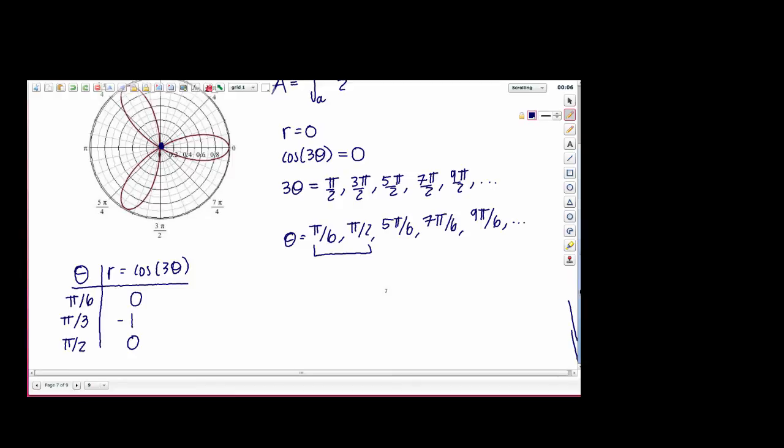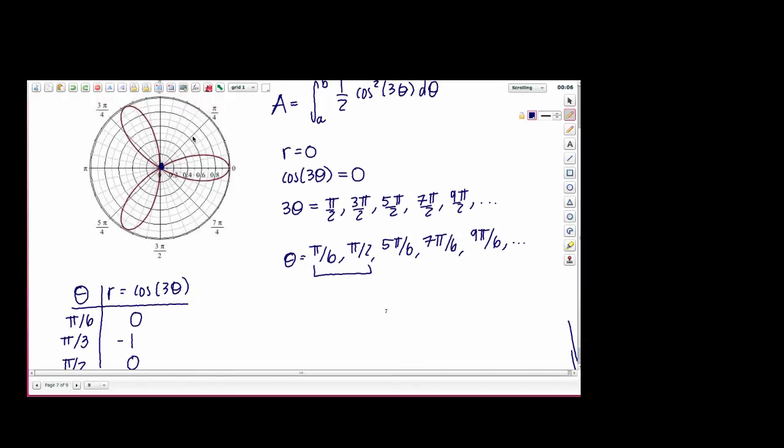So when my angle is pi over 3, my 60-degree mark, my radius is negative 1. Instead of pi over 3, 1, I'm flipping to the other side, so I get out here, which tells me that when theta is pi over 6, I'm at 0, and then I'm coming out to minus 1 and back into 0.